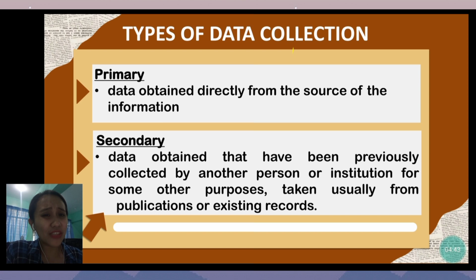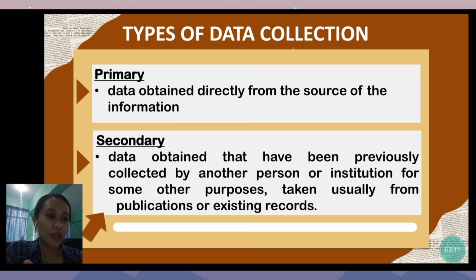Next, we have secondary. Secondary data is data obtained that has been previously collected by another person or institution for some other purposes, taken usually from publications or existing records. Say, for example, you are reading a book or a thesis or a dissertation.